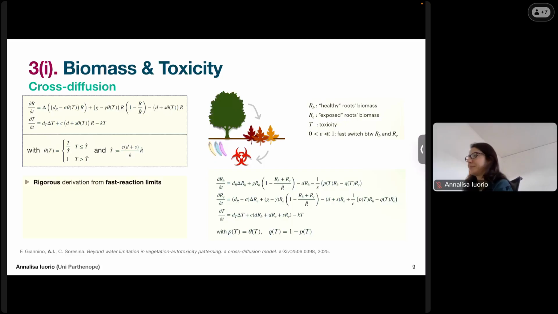But cross diffusion looks sufficient to produce a Turing instability pattern, right? So what's the role water is playing here, given that water is neglected? I'm wondering what water is doing because we're neglecting that part.